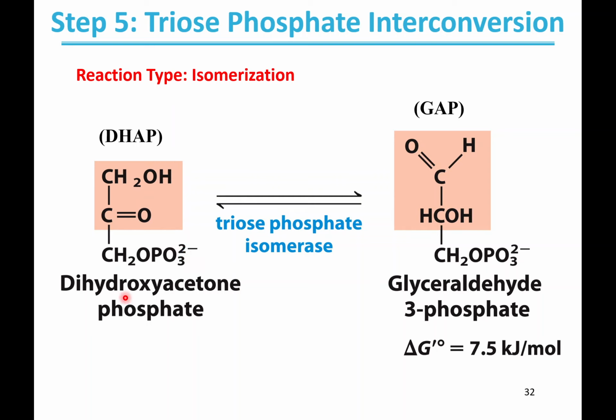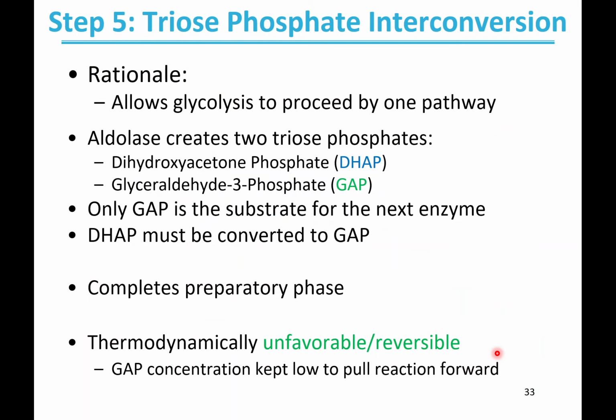So you're taking dihydroxyacetone phosphate and you're converting it into glycerol aldehyde 3-phosphate. The delta G naught prime is a positive value, not very high, but it is positive. The rationale behind this step is that it's going to allow glycolysis to proceed by one pathway.